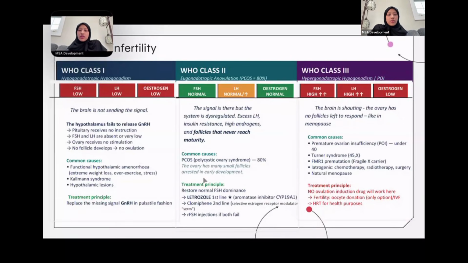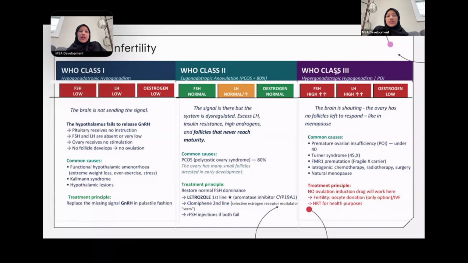The reason why we focus more on restoring the cycle and this hormone is because the follicles are not developing, there are a lot of cysts, and LH and androgens are high, so they are affecting FSH and so on. It's not always normal. It can appear normal, but it's not.